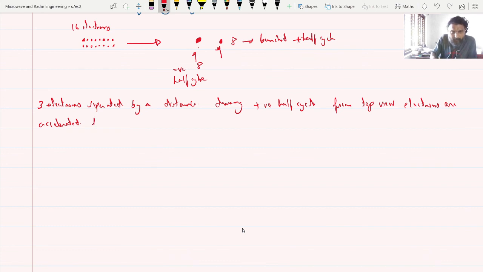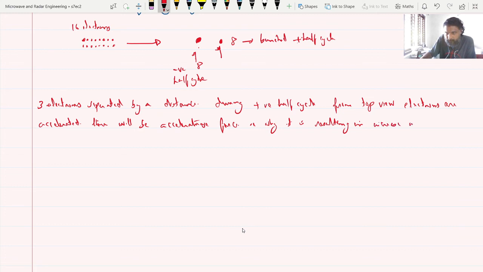There will be an accelerative force, and that is why it is resulting in an increase in velocity.